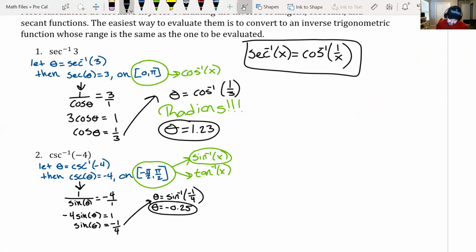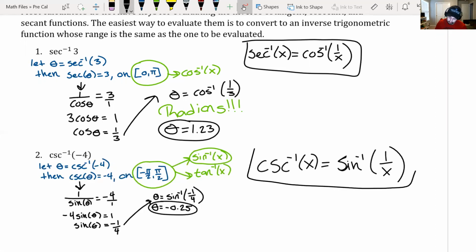So this means that the inverse cosecant of x is equivalent to the inverse sine of 1/x. There you go. Since we created this formula, you don't have to worry about doing anything you see on the left. Just use the formula, convert it, calculate. You're welcome.